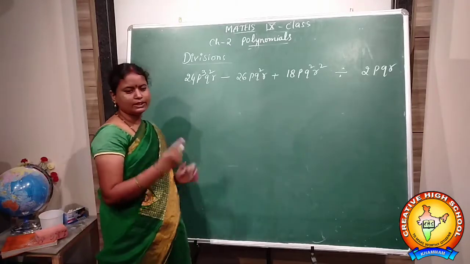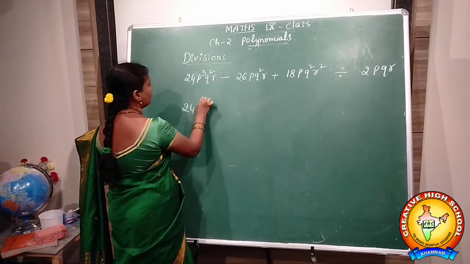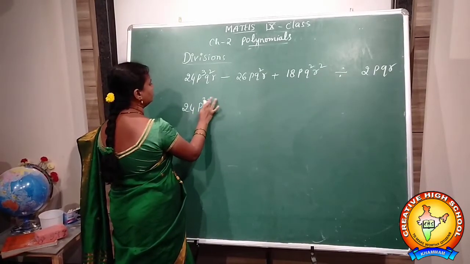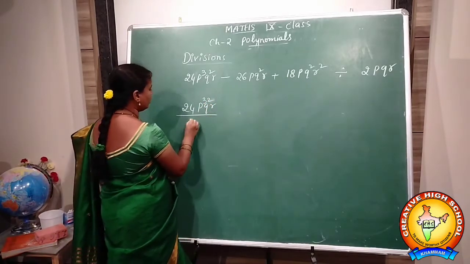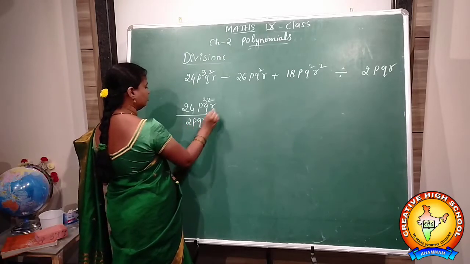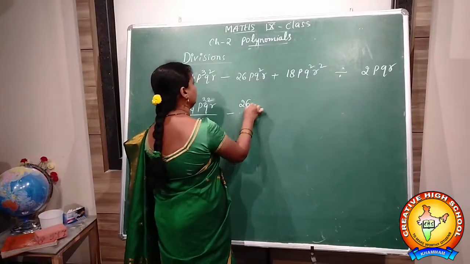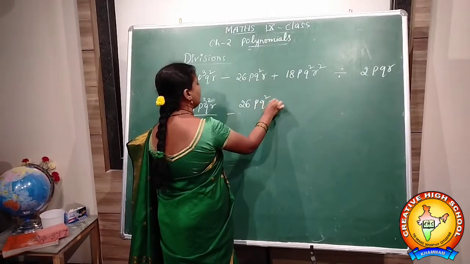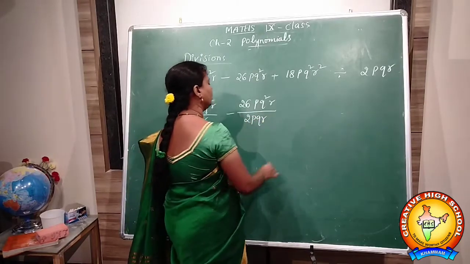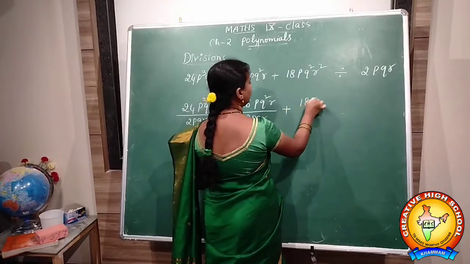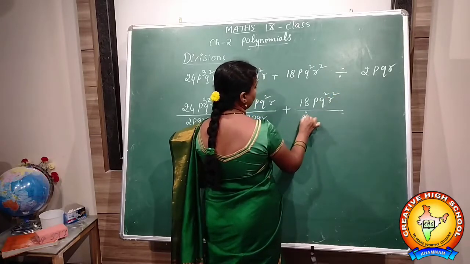So write individually, separately. 24 p cube q square r by 2 p q r, minus 26 p q square r by 2 p q r, plus 18 p q square r square by 2 p q r.